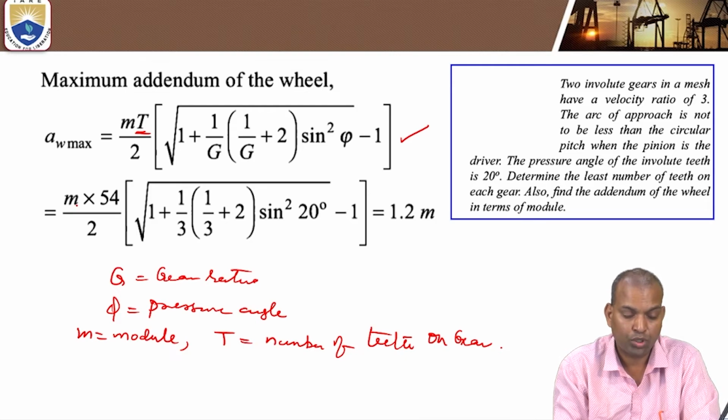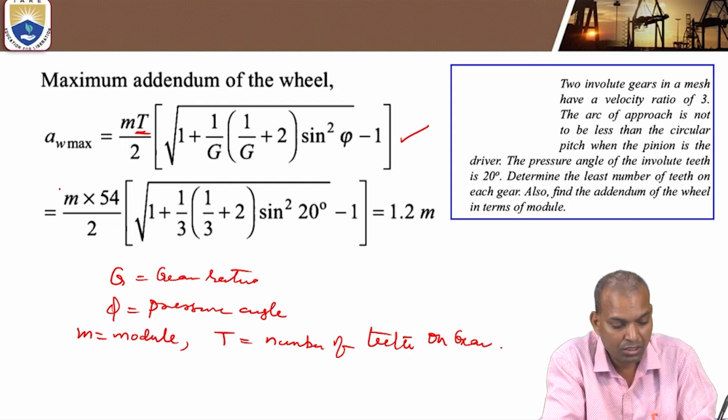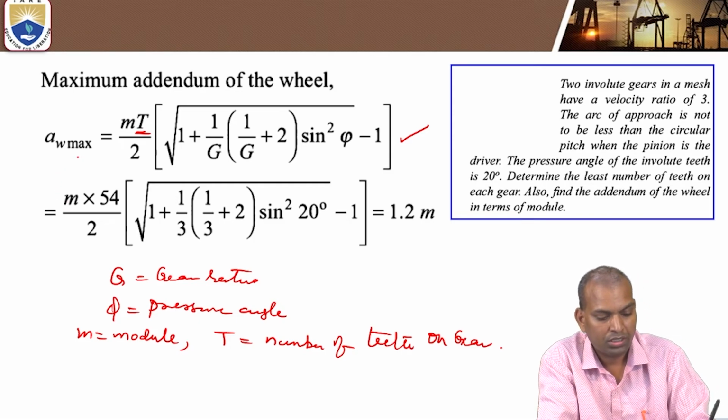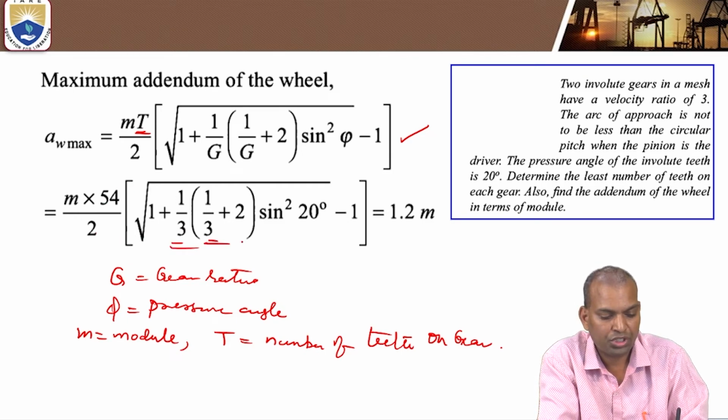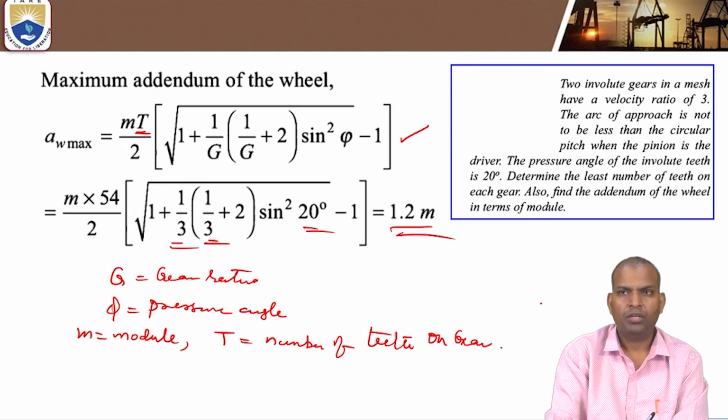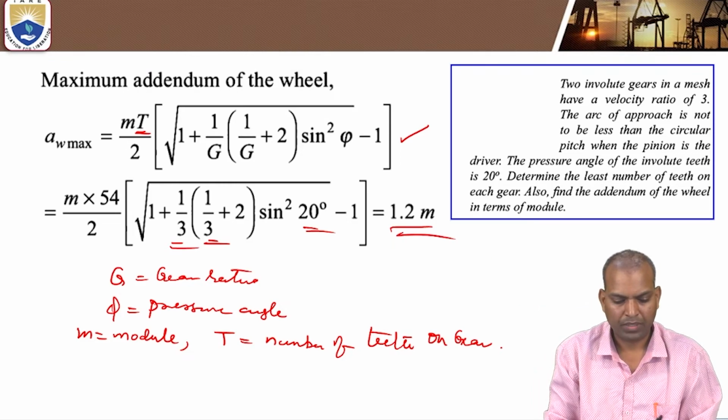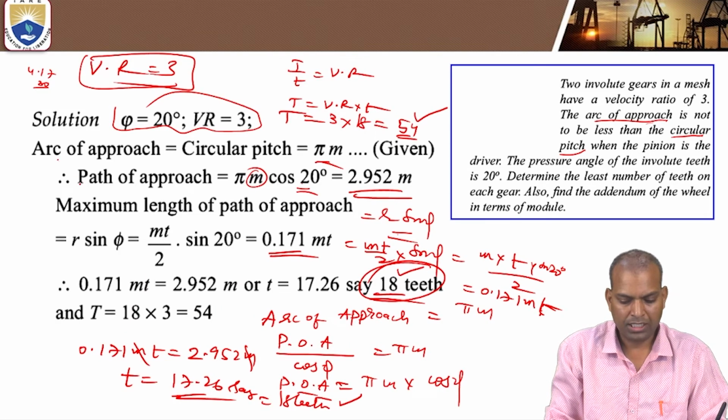Small m is the module. We want the maximum addendum of the wheel in terms of module m. Substituting 54 by 2, and g and phi, it is 1.2 module. So these are the problems we can understand.